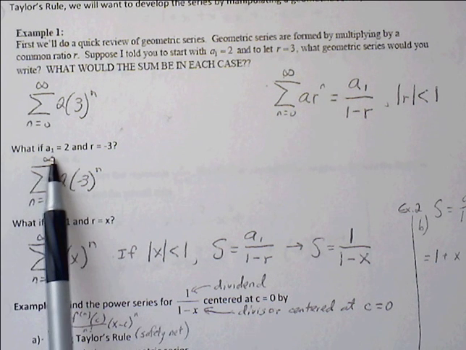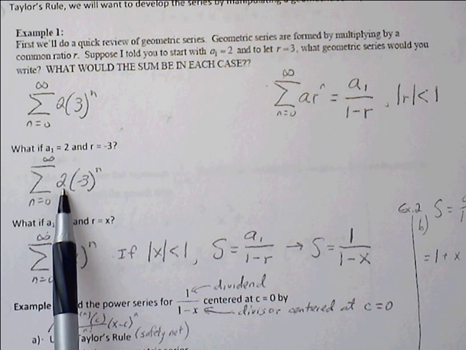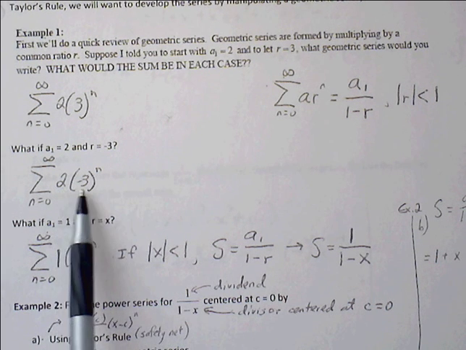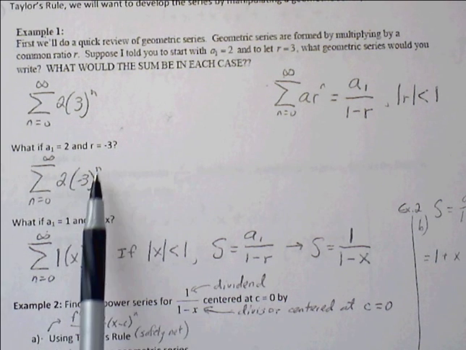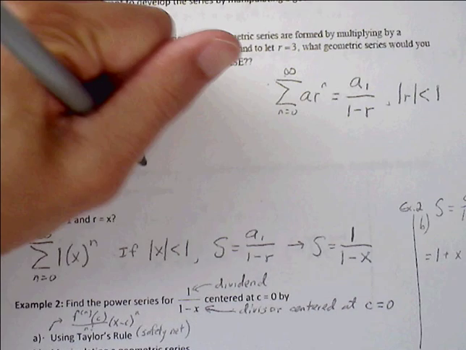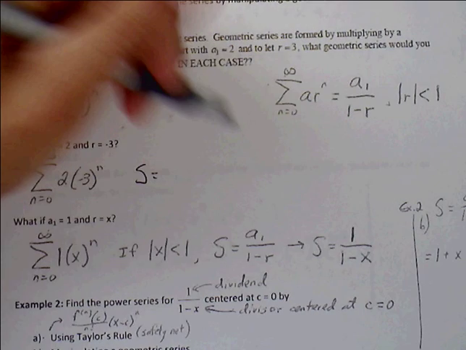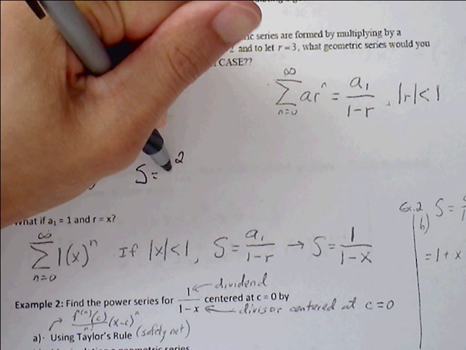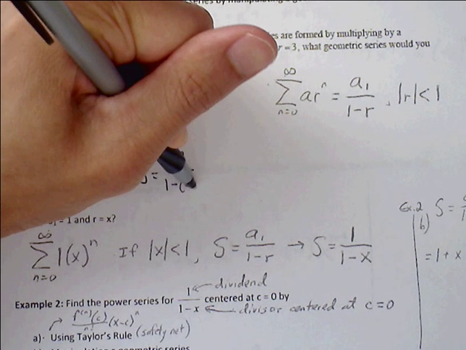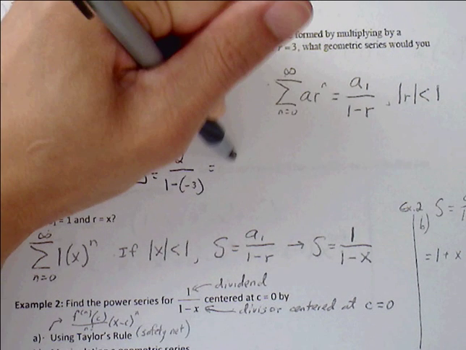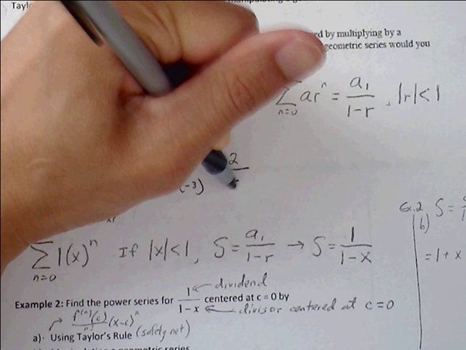What would it be if a sub 1 is equal to 2 and r equals negative 3? Our a sub 1 is 2, our ratio will be negative 3, and our sum would just be a sub 1 over 1 minus r. So in this case, it'll be 2 over 4, or 1/2.